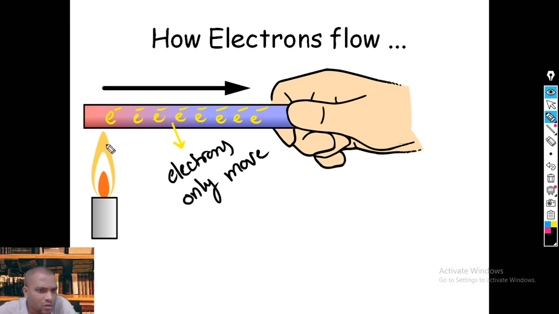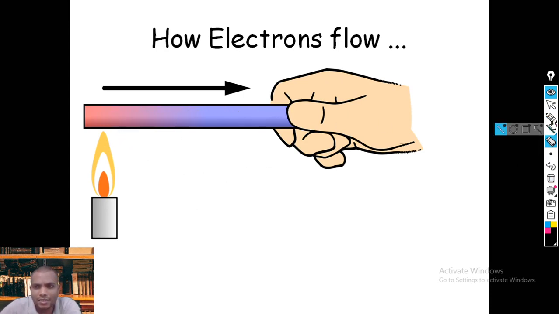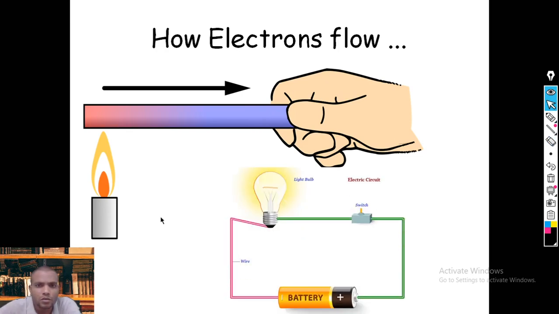So when electrons take the energy from the flame, they pass it from one to another like that, and it will end up burning at the other end. This is how heat flows from one end to another end. Likewise, current flows from one electron to another because of the source.